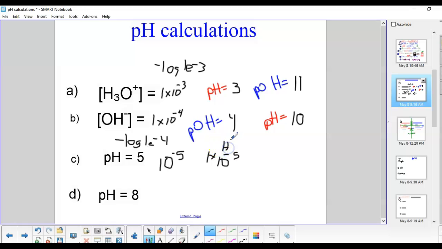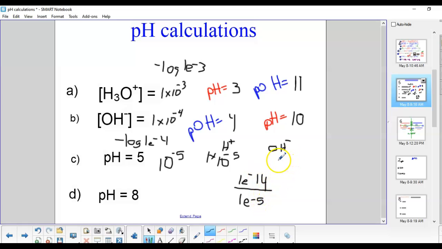That's the hydronium concentration. How would we find hydroxide? Well, hydroxide is going to be Kw, 1 times 10 to the minus 14, divided by hydronium, which is 1 times 10 to the minus 5. And what's the rule with exponents? You subtract them.